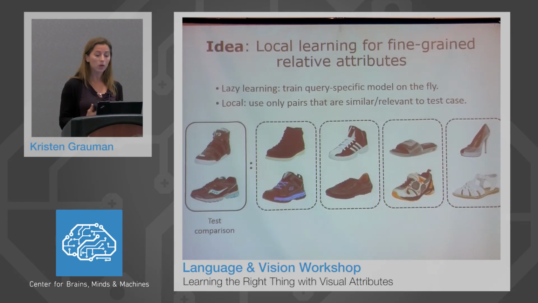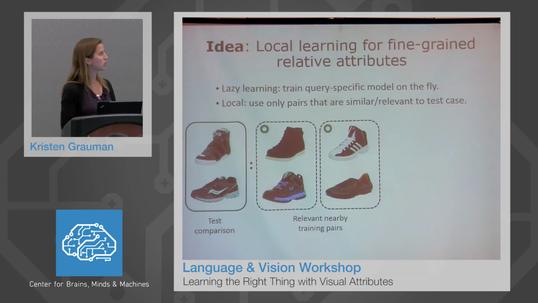And we're going to use a local learning approach, which means that rather than use all the training data to fit this model, we're going to use data that's most relevant to the test case we have in hand. Okay, so for this ranking problem, that means your test input is a pair, and maybe the question is, which is more sporty? And we want to find those pairs that are in some way analogous to our test pair, or close, so that we can focus the learning of this ranking function on those that are really valuable or relevant for this test pair.